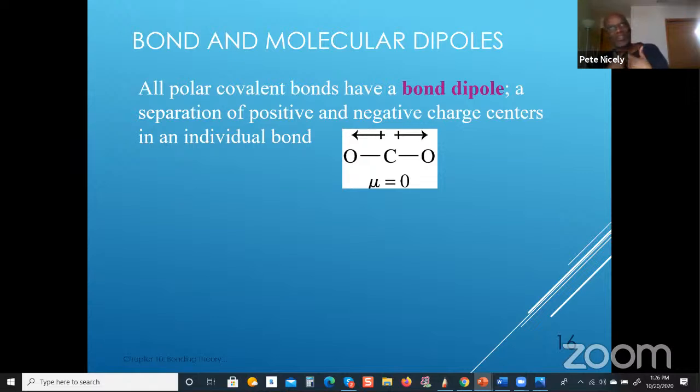You can have a number along with a unit to represent the magnitude, but it also has directional properties. In other words, the dipole can be directed in a particular way, and that is important when it comes to determining the overall polarity of the molecule.